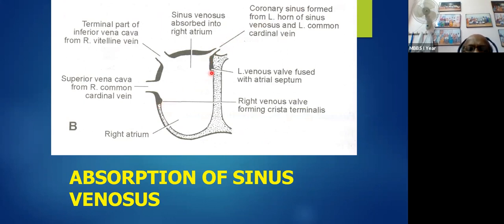Now this is the posterior part of your right atrium, that is your sinus venarum part, derived by the absorption of the right horn of the sinus venosus into it. Now this is the anterior rough part, derived from the primitive right half of the primitive atrial chamber. So that is the development of the right atrium.